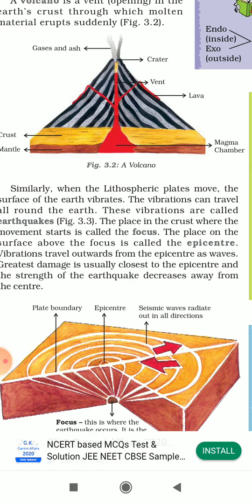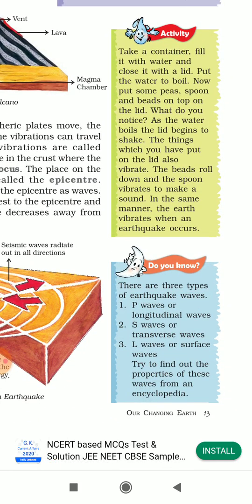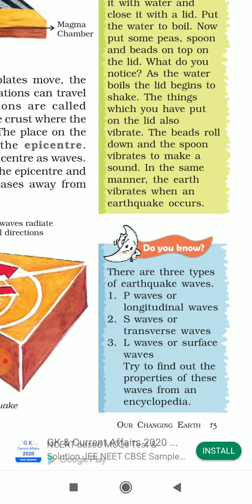So, there are three types of earthquake waves. Number 1, P waves or longitudinal waves. Next is S waves or transverse waves. Third is L waves or surface waves.